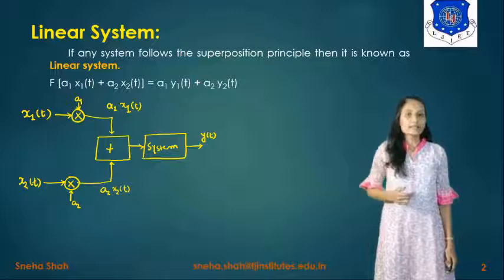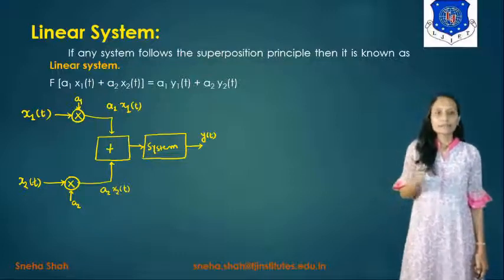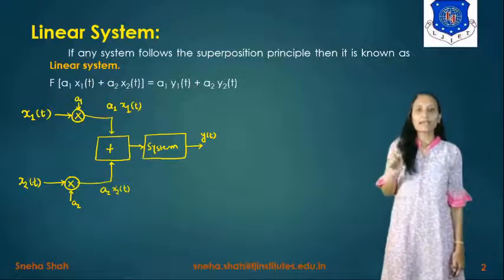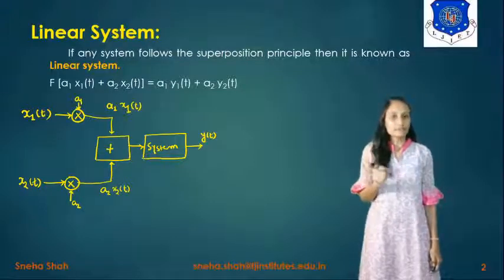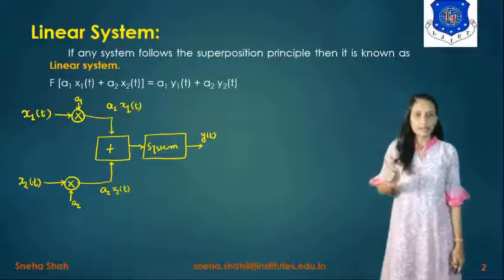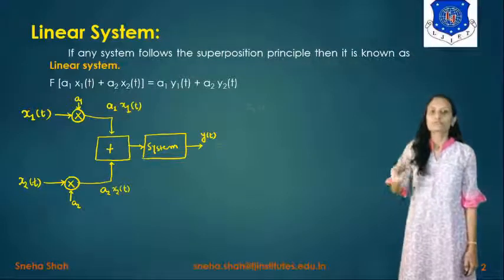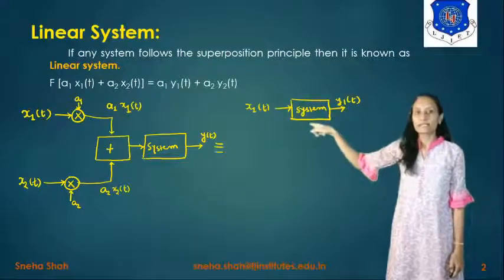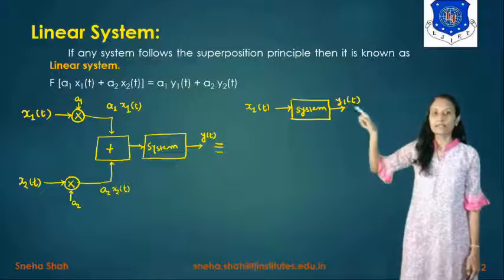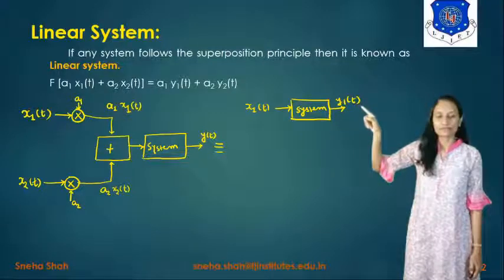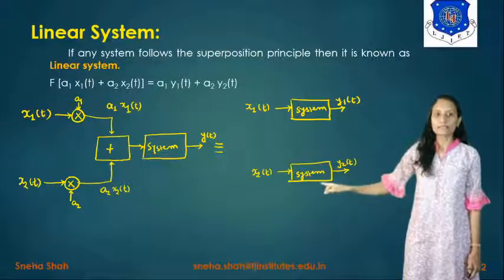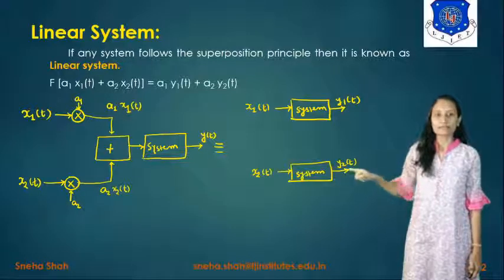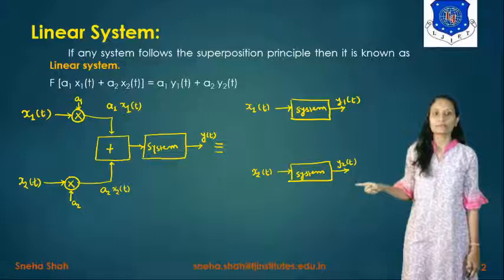So what will be the term? For that, first of all, we have to take two signals x1 of t and x2 of t. On that, we apply the system function, so it gives you the outputs y1 of t and y2 of t. So this will be the same as if we take the input signal as x1 of t and apply it to the system, it gives you the output y1 of t. In the same way, I take the second input as x2 of t, apply it to the system, and it gives you the output y2 of t.